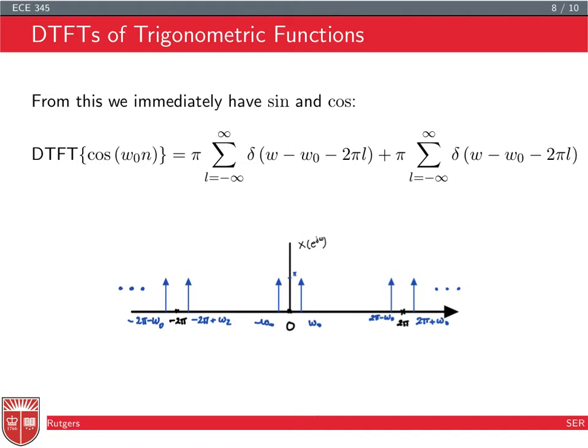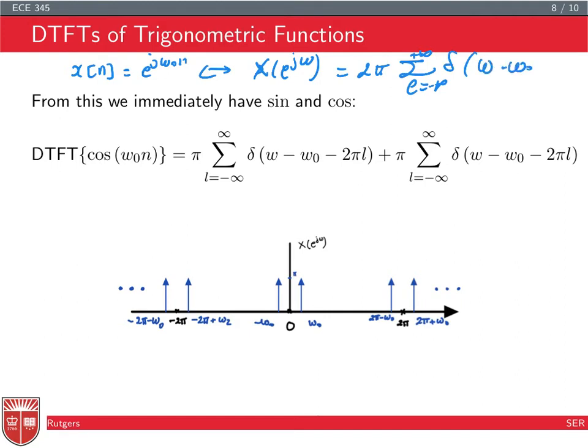So it is important to remember that the DTFT of x of n equal to e^{j omega 0 n} is the impulse train, 2 pi times the sum of the impulses. This is something you have to know.